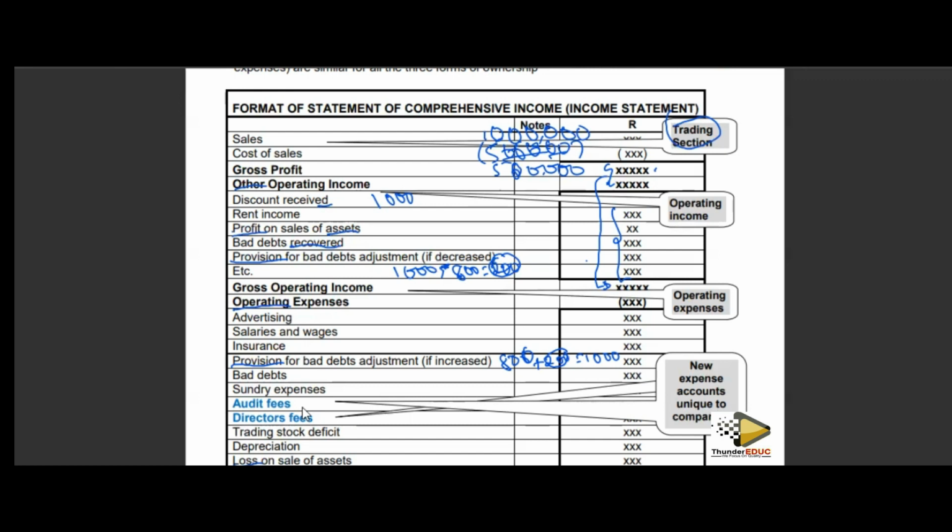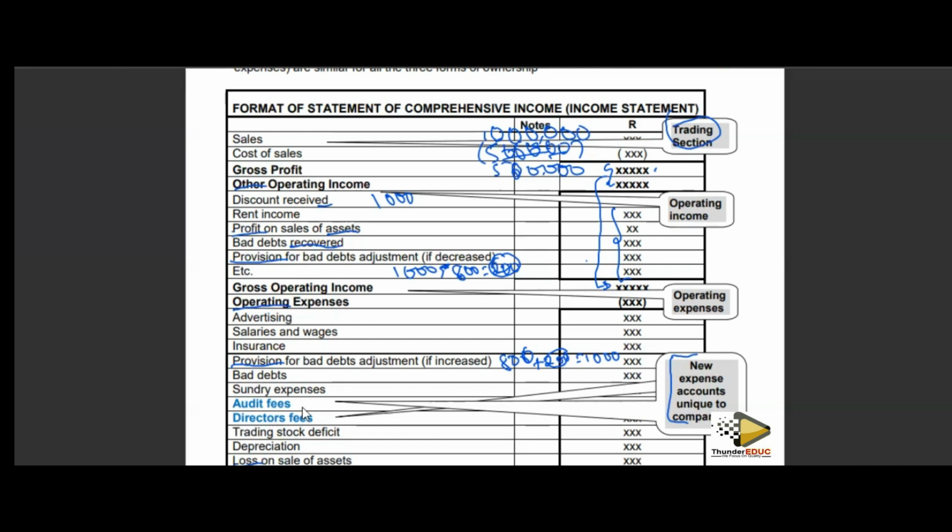So we call them new expense accounts unique to companies, meaning that we don't have these in a solo trader, and we don't have this type of expense accounts in partnership. Because remember, partnerships and solo trade businesses, by law, are not obliged to prepare financial statements, but they are encouraged to prepare them.